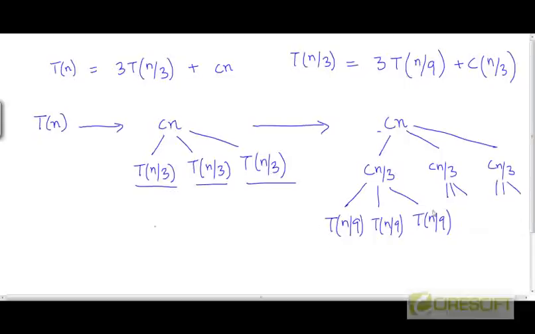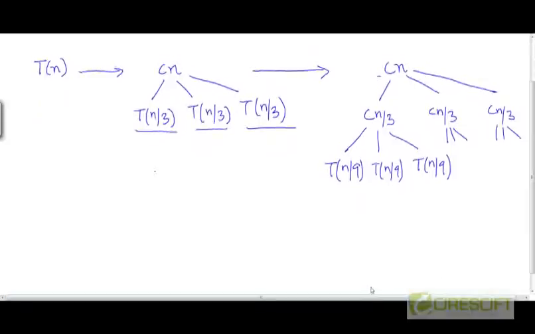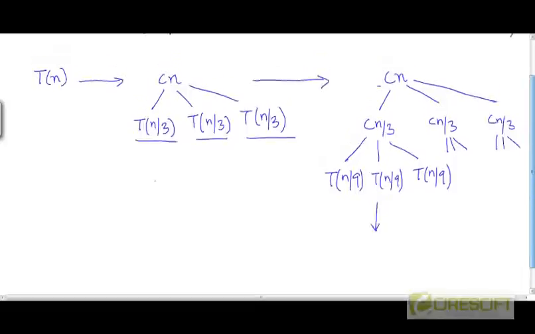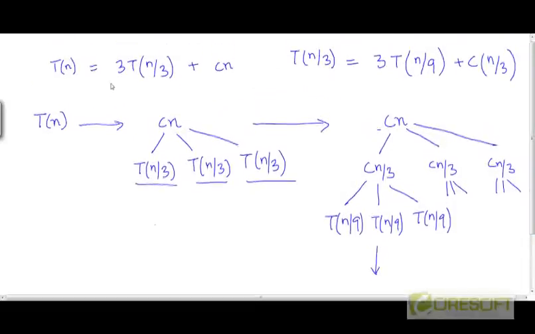So there are 3 nodes here, there will be 3 other nodes here and 3 other nodes here. In the next iteration of the recursion tree method, we will open up these nodes by replacing them by their values as given by the right hand side of this recurrence equation.